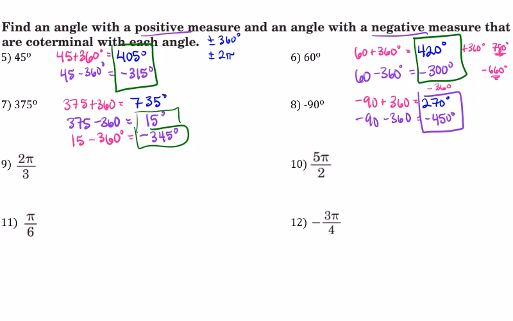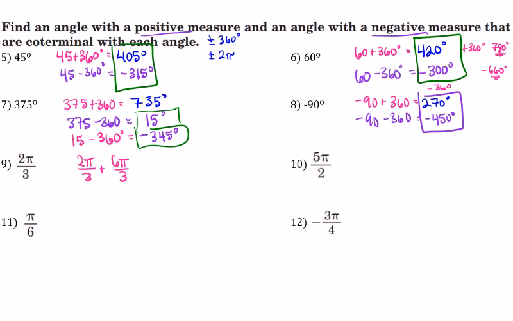But just keep that in mind that when you add 2 pi here, let me do it off to the side. If I take 2 pi over 3 and I add 2 pi, then I have to get a common denominator, right? My common denominator is going to be 3, so I'm going to multiply by 3 on top and bottom. So instead of 2 pi, I'm going to end up with 6 pi over 3, right?